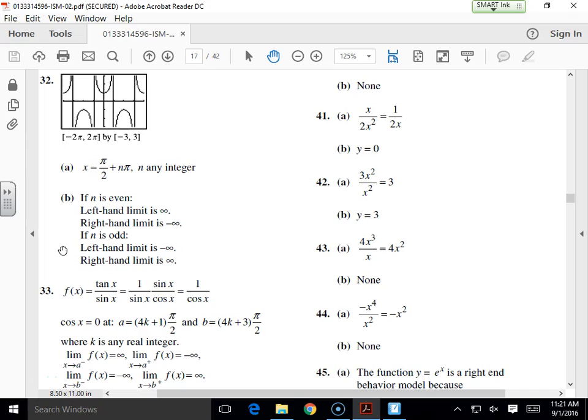What's a simple function? The 1/2x is simpler than the original that you had in number 41, which was find a power function and end behavior model for f. So ultimately, for your big, huge one, take the highest degree terms at the top and the bottom, and simplify the two.